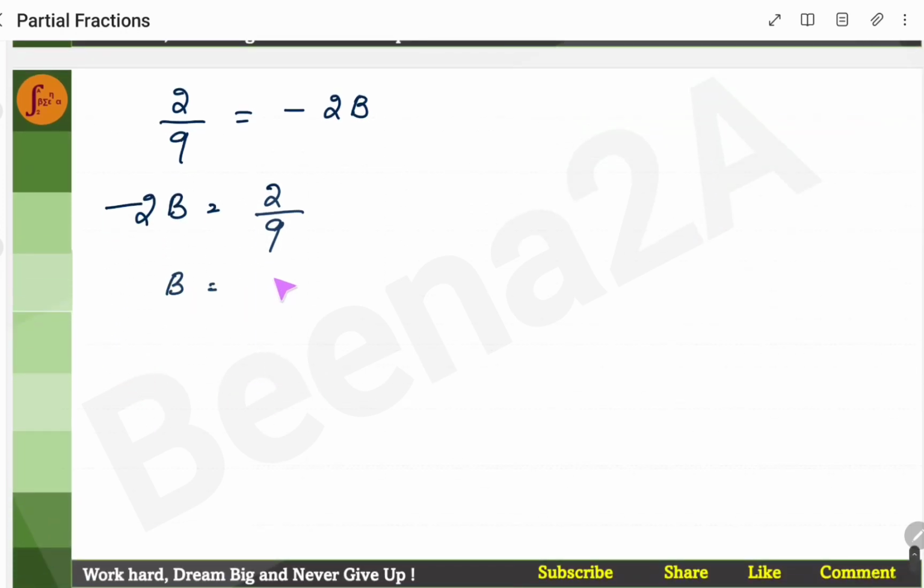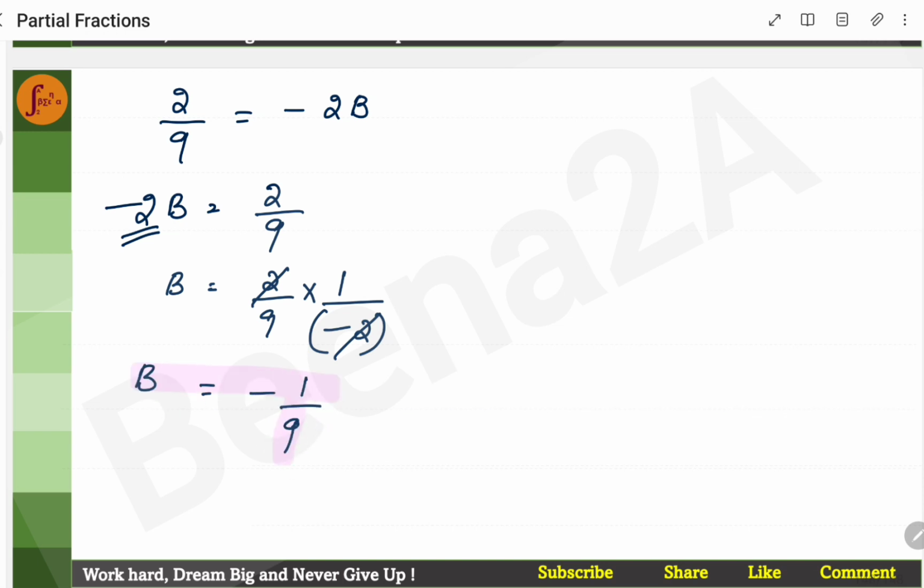Which means b is equal to 2 by 9 into, this is the multiplication by minus 2, so it will come in the denominator, 1 by minus 2. This will get cancelled, so you'll get minus 1 by 9. B is equal to minus 1 by 9.